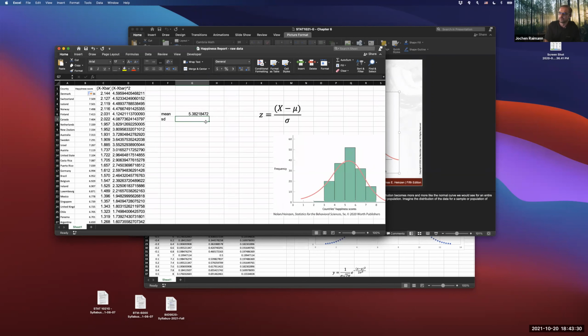Now we do sum of squares: the sum of D2 to D158, divided by count D2 to D158. Right? So that's our standard deviation.